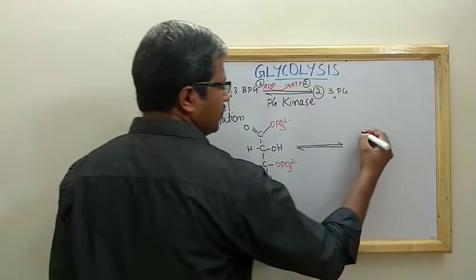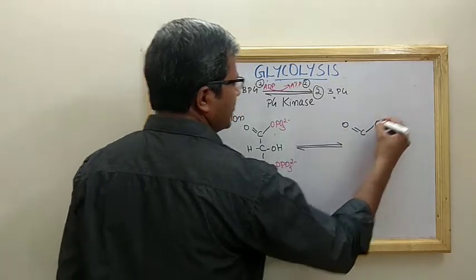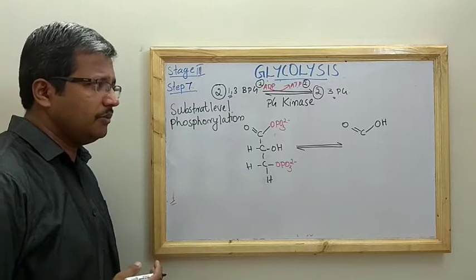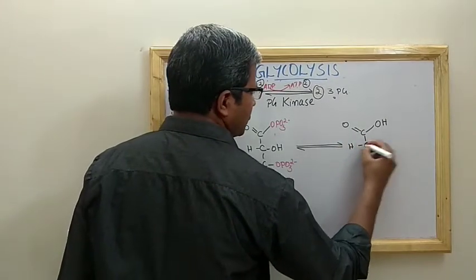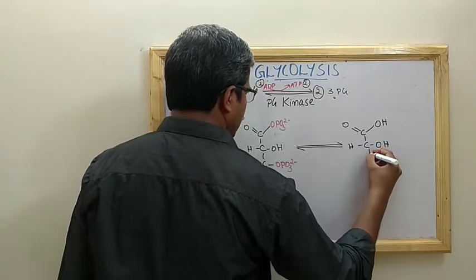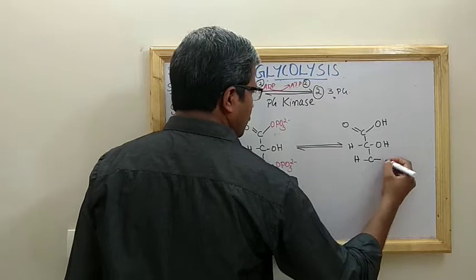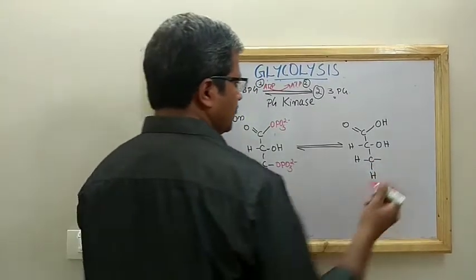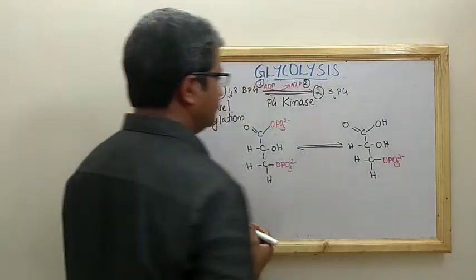So 3-phosphoglycerate: C double bond O, OH came here. Now CHOH, and then CH2 OPO3 2 minus.